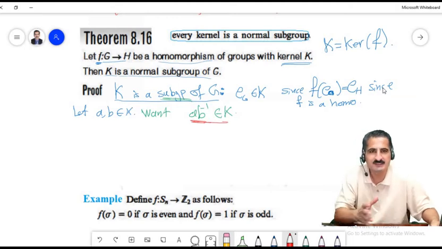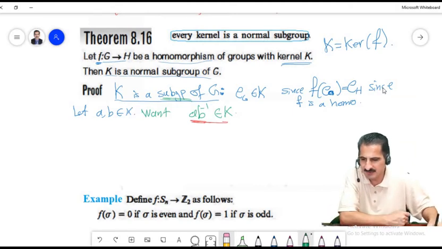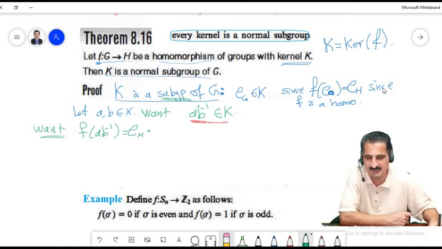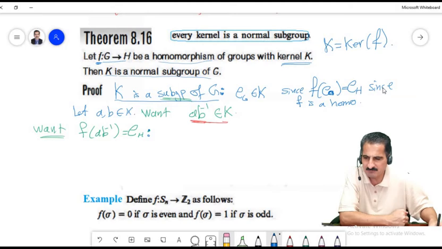Any element is in the kernel if its image is the identity. So let me rewrite that again in green. We want to show that f of AB inverse is the identity. Once we do this, that means AB inverse is in the kernel. So let's work it out. Let's see, f of AB inverse, we have F a homomorphism, so we can do this.